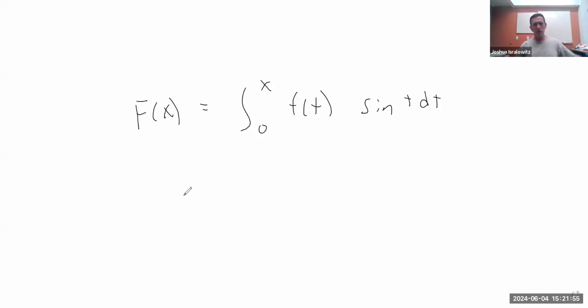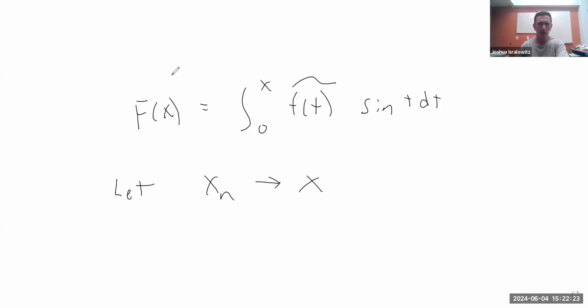Yeah, so I would say the quickest thing to do for continuity: let's say xn goes to some x. So let's say we want to prove this is in L1 of 0 to 1.